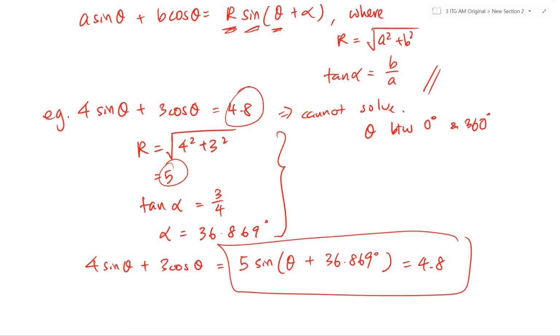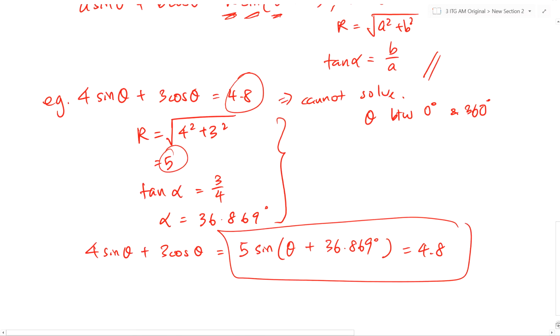Let us now practice. Turn with me to your exercise 9F, which is on page 299. And these are your homework questions. (6a) 3 cosine x plus 2 sine x equals 1.2.